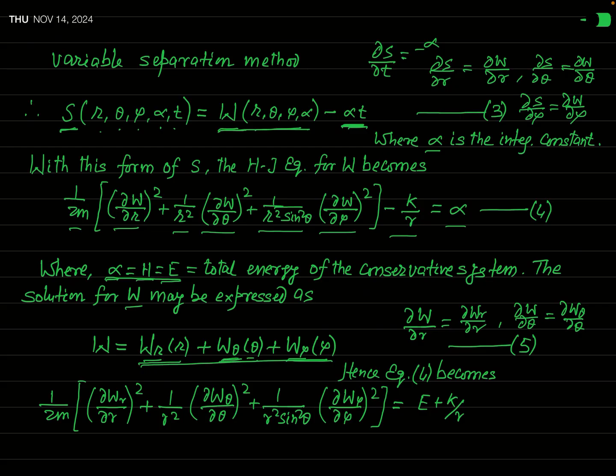W_R and W phi are independent of theta, so their partial derivatives with respect to theta will be 0. Similarly, this del W by del phi will be equal to del W phi by del phi.